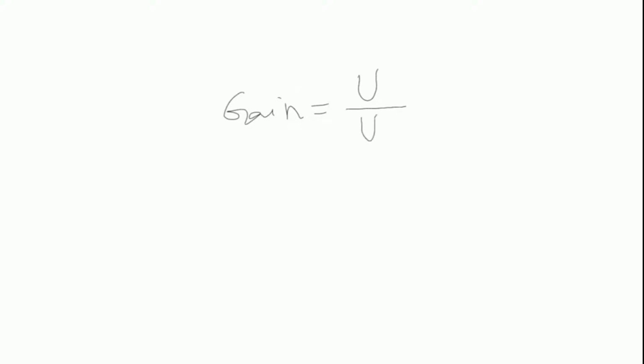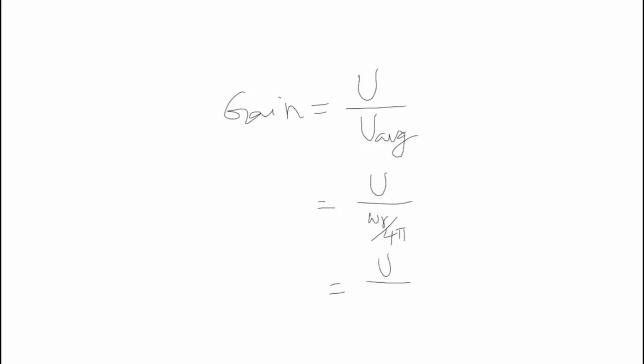For the isotropic antenna, the radiation intensity is taken as U average, and our expression for U average is WR by 4 pi. So here we have 4 pi U by WR. This gain is known as GD, the directive gain.